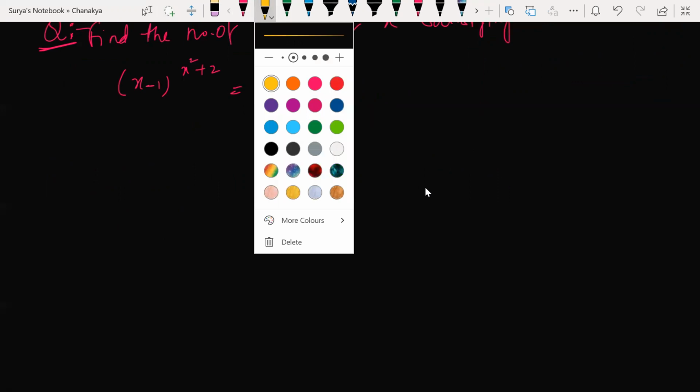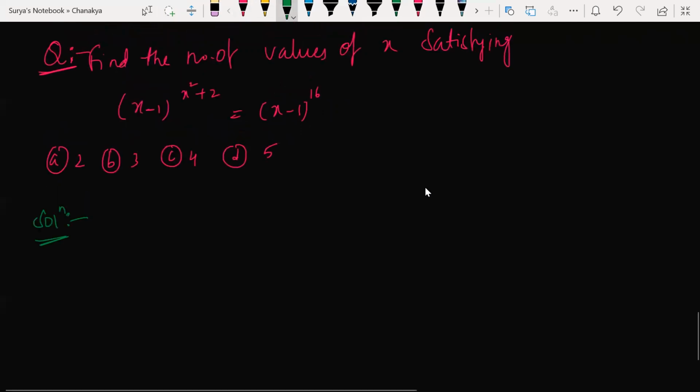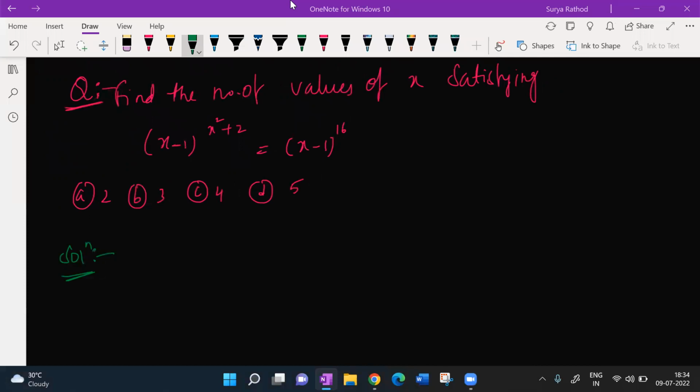Now tell me what is the option? Tell me guys. Find the number of values of x satisfying this particular equation.